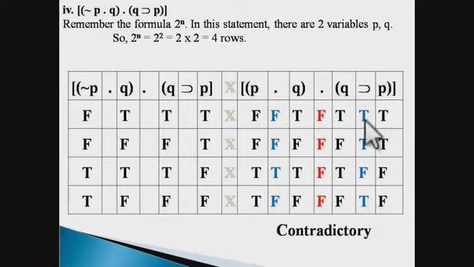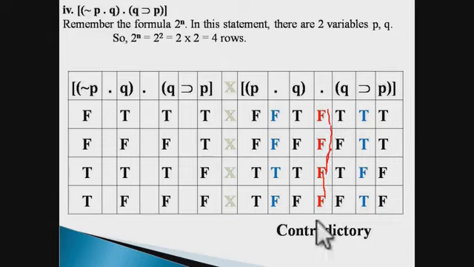So false, true will give us false. False, true will give us false. True, false will give us false. False, true will give us false. A conjunction is only true when both conjuncts are true. There is no place here where both conjuncts are true. So we have all the values here, they are false. All the values are false. Look at that. All the values are false.